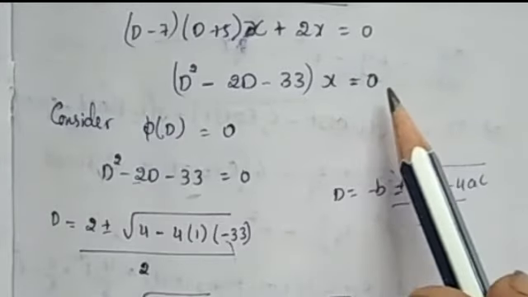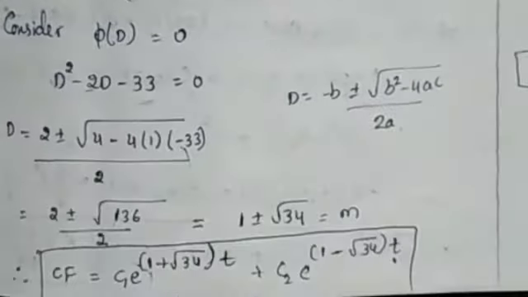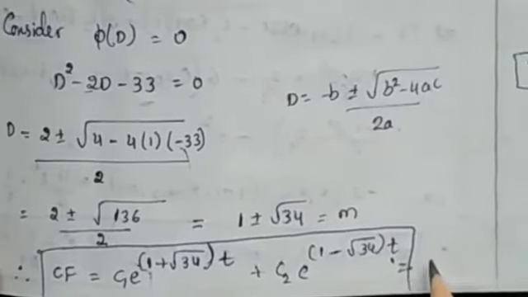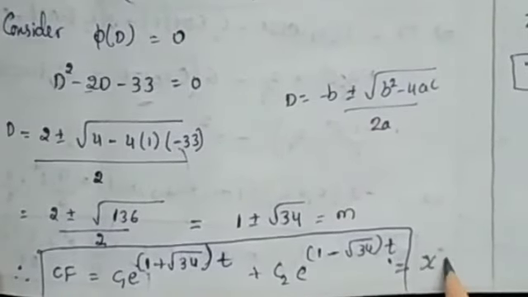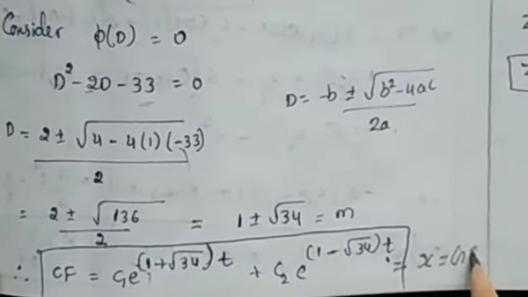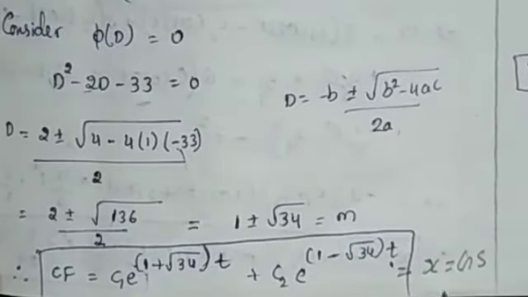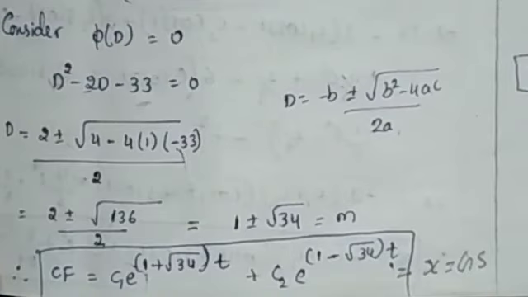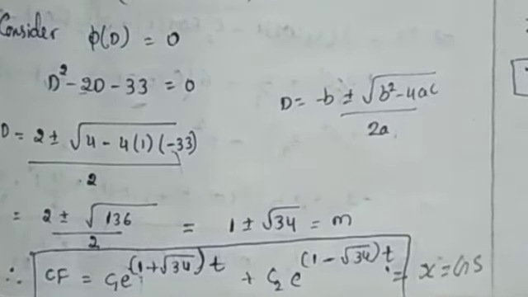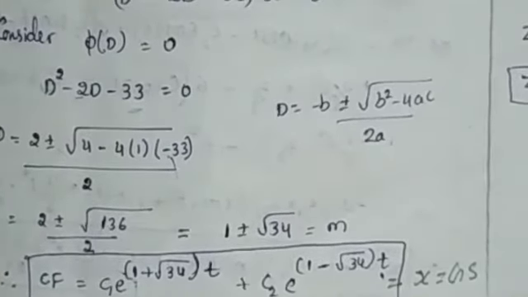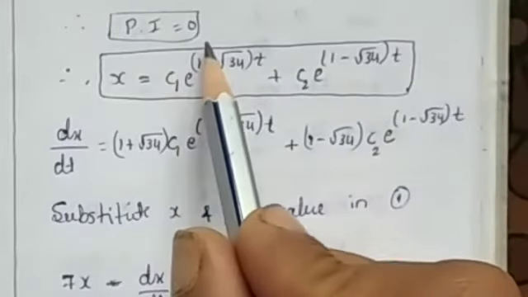So we get the x value, which is the complementary function, and also it is the general solution. Then we find the y value. If I want the y value, we differentiate the x value, then we substitute in either equation 1 or equation 2.